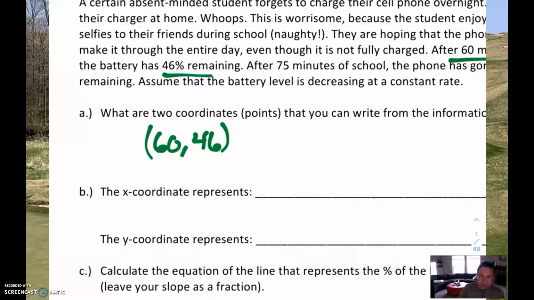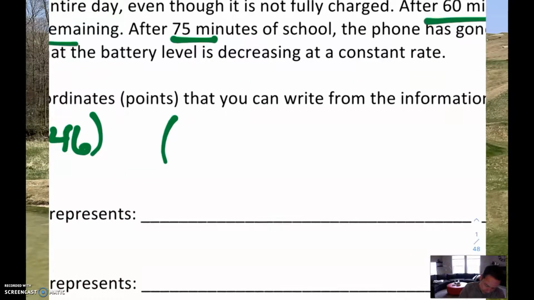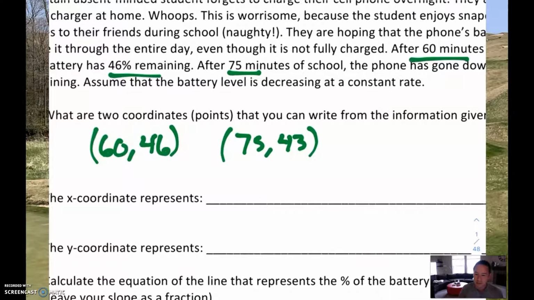Not always, but usually. The next one says that after 75 minutes of school, the phone has gone down to 43%. So after 75 minutes, the phone has gone down to 43% battery. So those are two coordinates that we can take from the information in the problem.